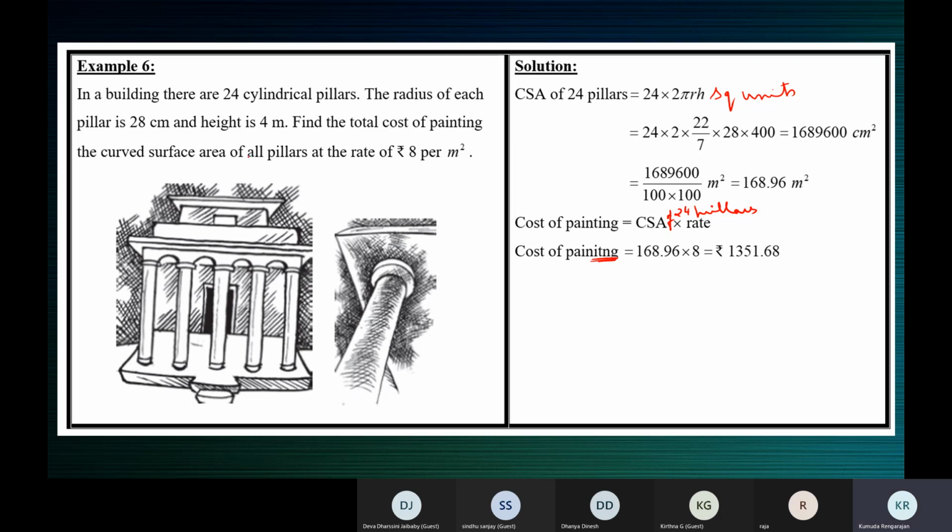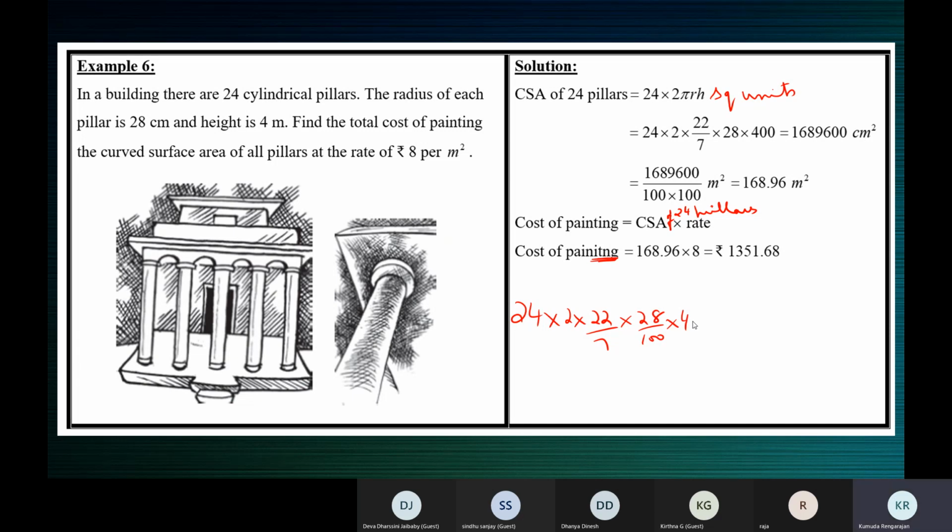Now for the same thing, supposing you did this, say 24 into 2 into 22 by 7. For radius, if you took 28 by 100, you understand what is 28 by 100? That means you're converting radius to meters. 28 by 100 meaning you're converting this to meter. Then you can take the height as 4 itself.